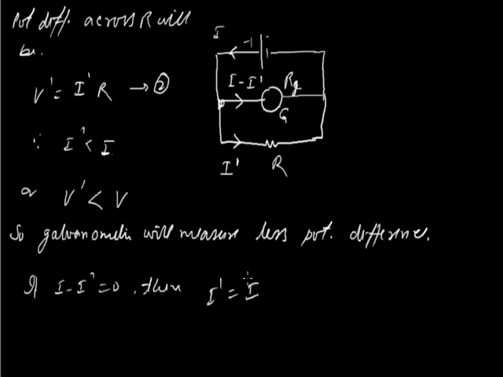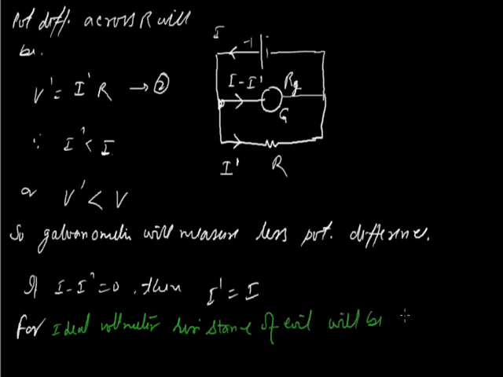So it's not possible, it is the ideal case. So for an ideal voltmeter, the resistance of the coil will be infinite. Due to this infinite resistance, I minus I dash will be 0, but practically it is not possible.